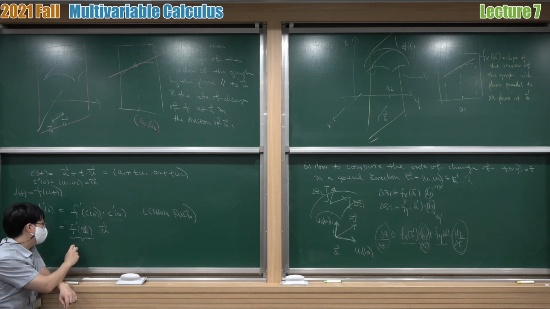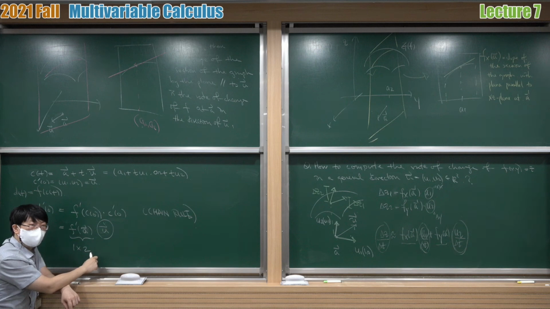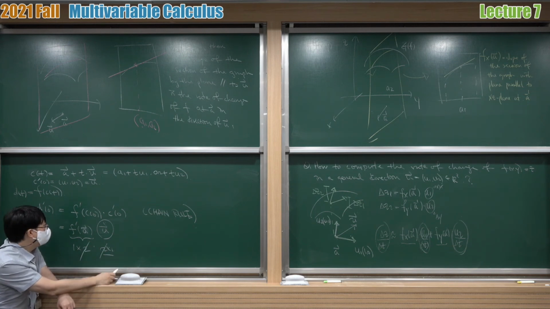One. So 1 by 2 matrix. And how about this? This is a two-dimensional vector. So a vector is always a column vector. So you multiply these two, you get a 1 by 1 matrix, which is just a number here.